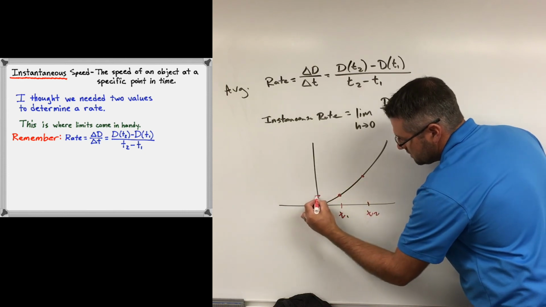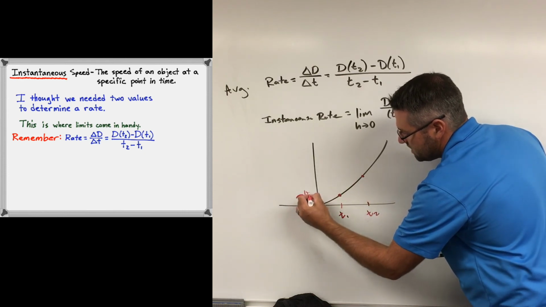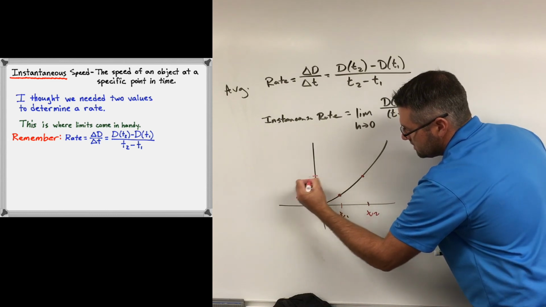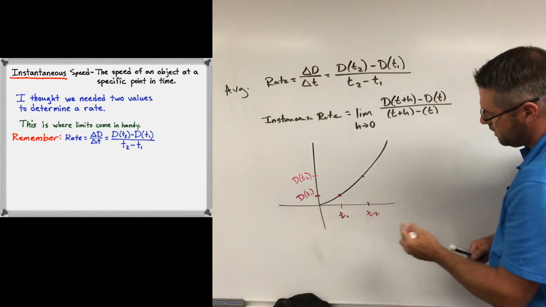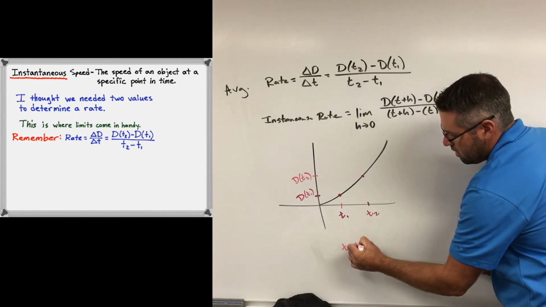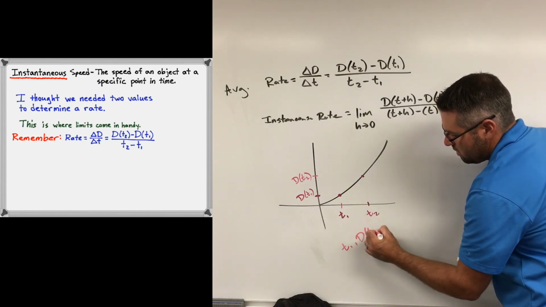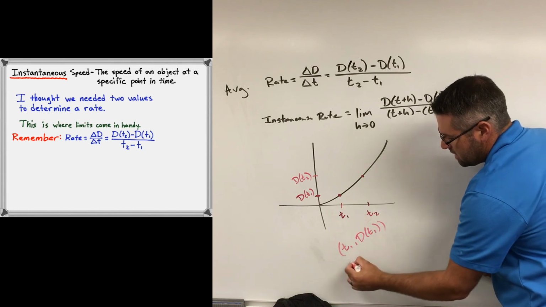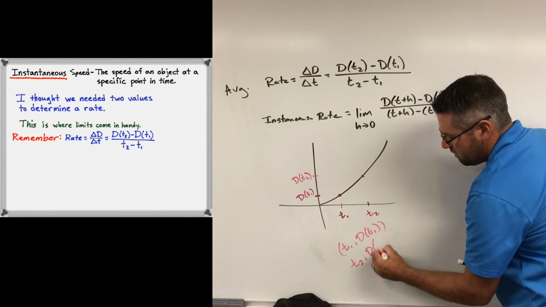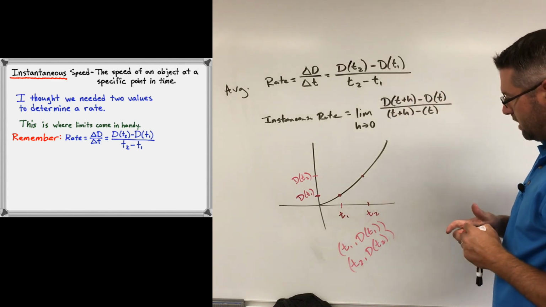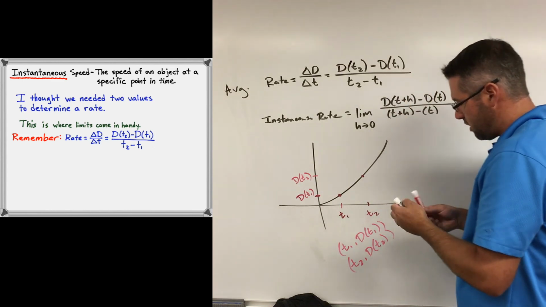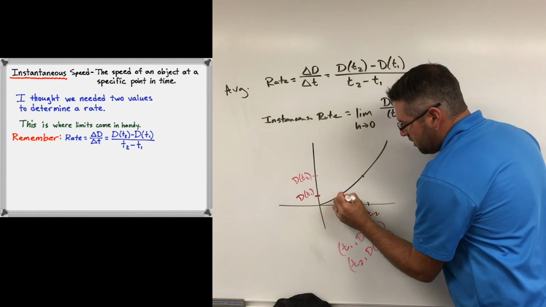So this right here is d of t1, and this is d of t2. So you can see that the coordinates are t1 comma d of t1 and t2 comma d of t2. And then we'd plug those into the slope formula. So that's what we were looking for here: the average rate.